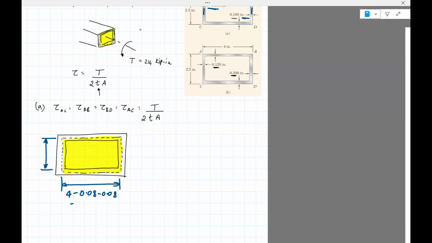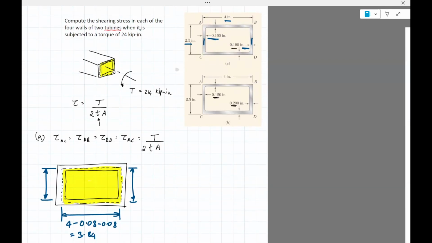So I think that comes out to be 3.84. And for the right one, again, we need to take 2.5, which is edge to edge, and subtract half of 0.16 and half of 0.16. So 2.5 minus 0.08 minus 0.08 comes out to be 2.34.